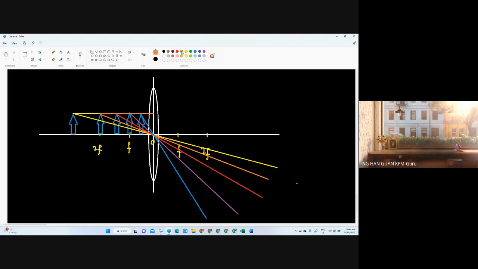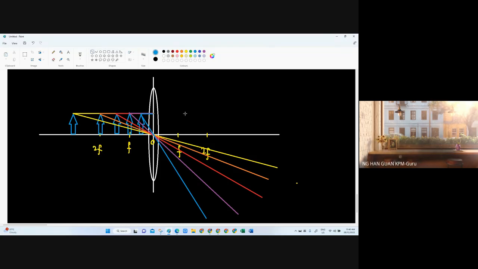So when I draw them one by one, they will overlap, because all use the same object height and the same parallel line. You see all will be overlapping.